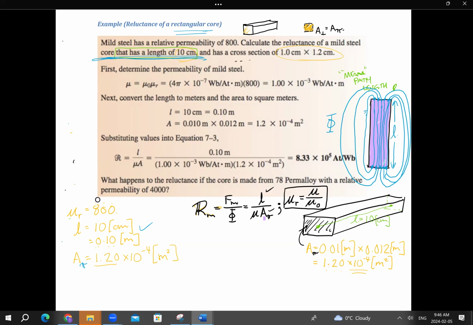So if I rearrange that to solve for the material permeability, I can put that right here in this equation. So now permeability is the relative permeability times the permeability of free space.